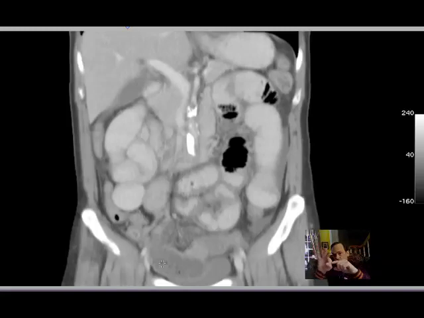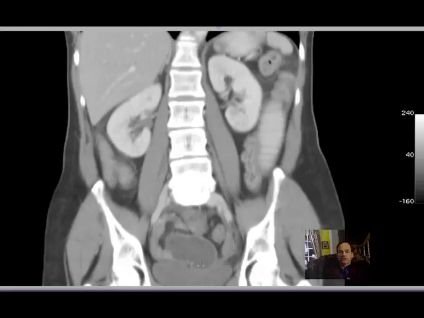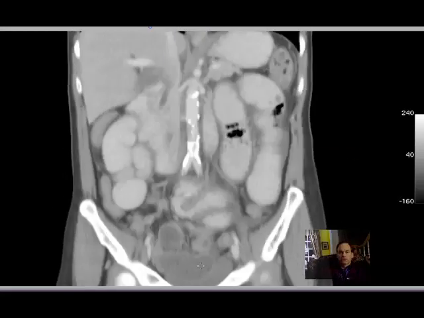Fluid can get through, but solid material can't. So a little bit of the solid material that is in small bowel can start accumulating there and creating this appearance of small bowel stool or small bowel stool sign.